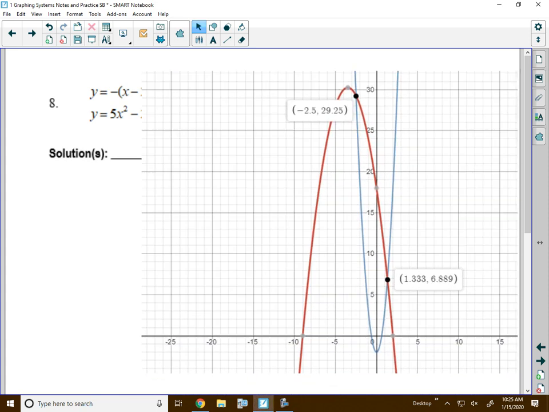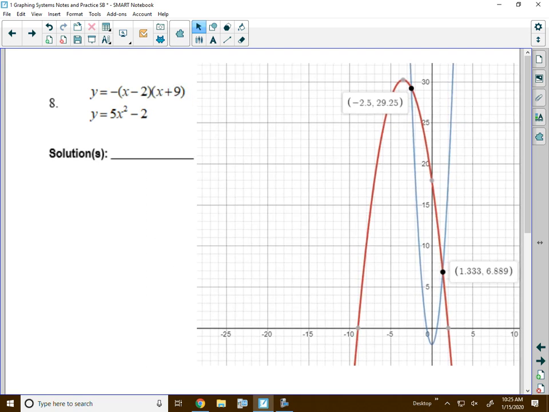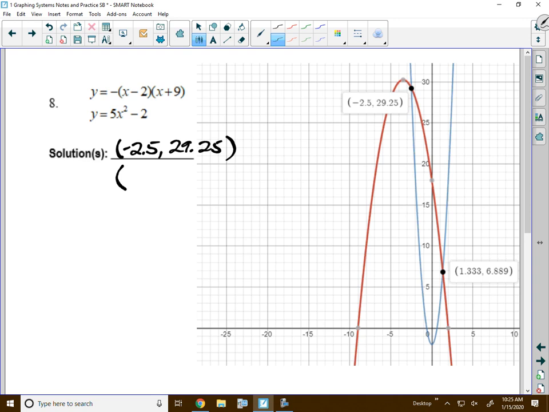Oh, look at those. So one is pointing down and one is pointing up. So there are two intersections. And to be honest, sometimes they're going to look ugly like that. They're going to be decimals. That is okay. It can happen. You would just write both.